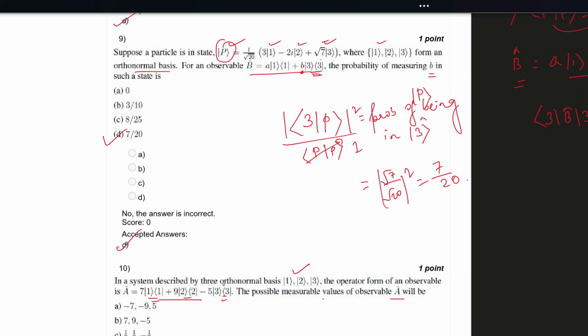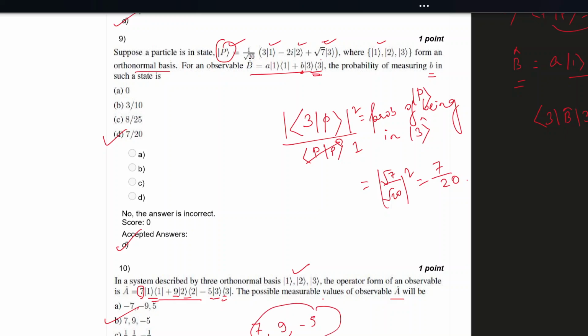So the system can be either in the state 1 and then you get the coefficient with 1, that is 7, then if state 2 then you get 9, and if state 3 you get minus 5. So the values you will get from the observable, if the state is either 1, 2 or 3, will be the corresponding coefficient values, which are basically 7, 9 and minus 5.